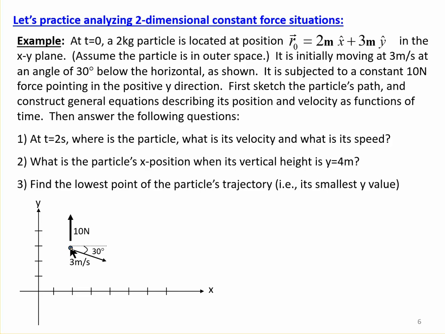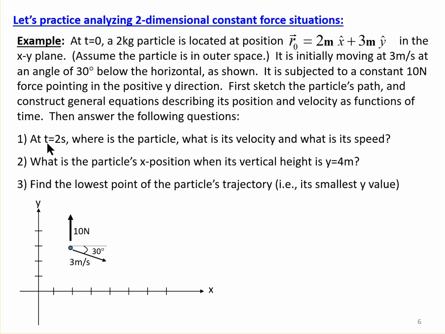But there's an upwards force of 10 newtons, a constant steady force of 10 newtons acting on this particle. And we're interested in describing the behavior of this particle. In particular, we want to sketch the particle's path. We want to construct the equations describing its position and velocity as it moves. And then we want to answer some specific questions.